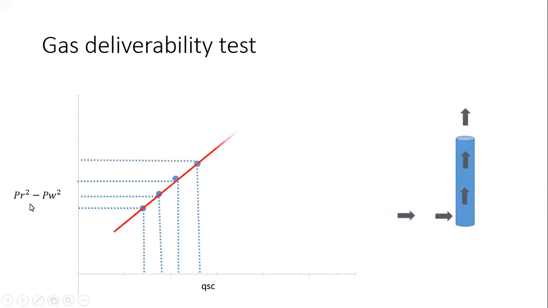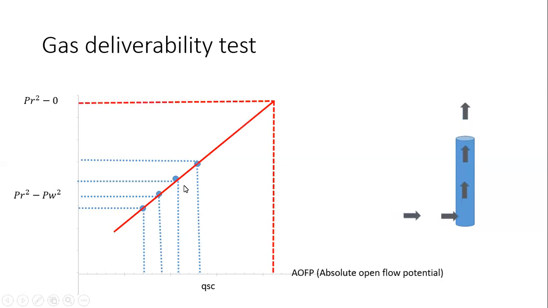With respect to different differential pressures, we got these four flow rates. Corresponding to that, we got differential pressures. These are the points initially required. Once these four points are plotted, we need to attach them linearly and extend that line.